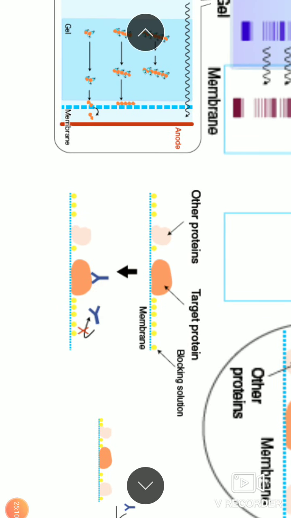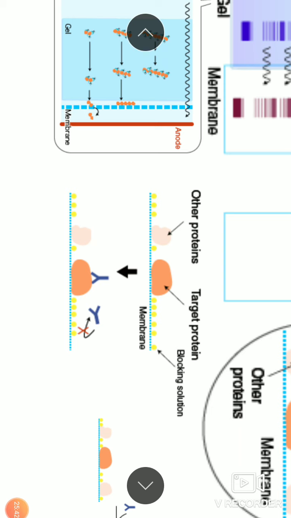The first step is, you have all the proteins which are transferred from the gel to the membrane, and there are regions in between the protein running samples where there is no protein. So if you add another protein like an antibody to detect the required protein target, this antibody can go and bind to non-specific regions also.